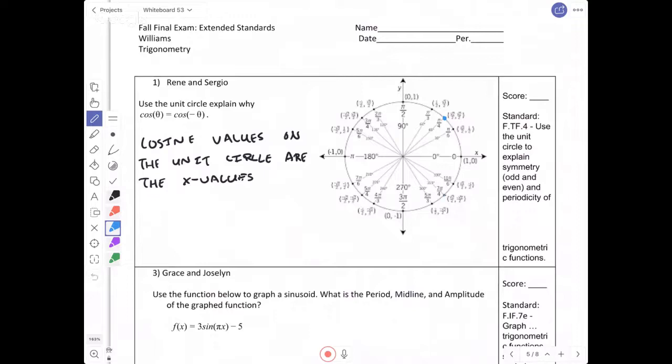Like here and here. Or here and here. The x values are symmetric about the x-axis.